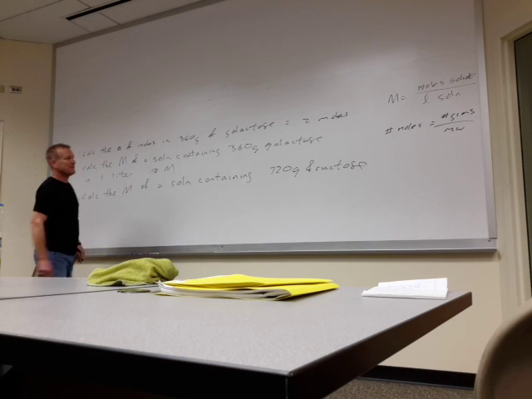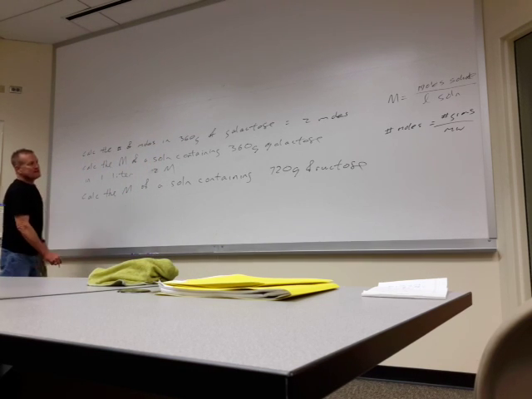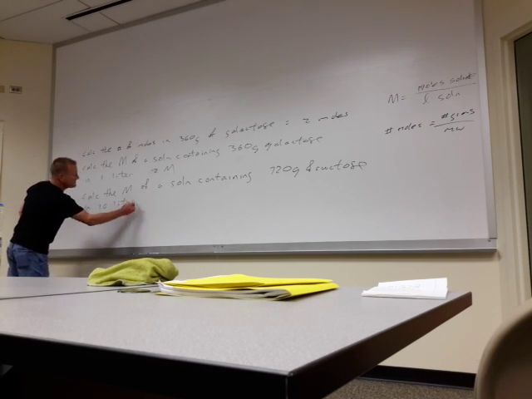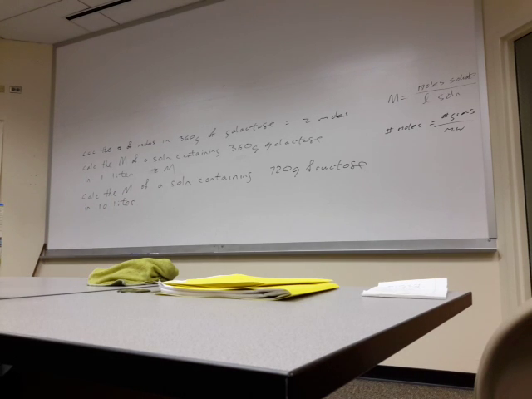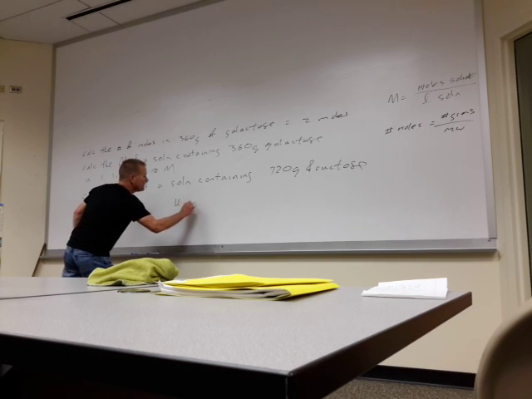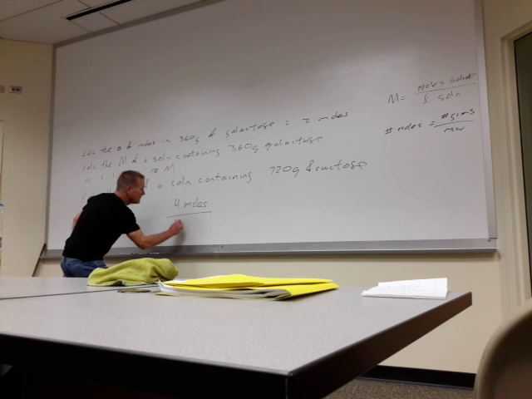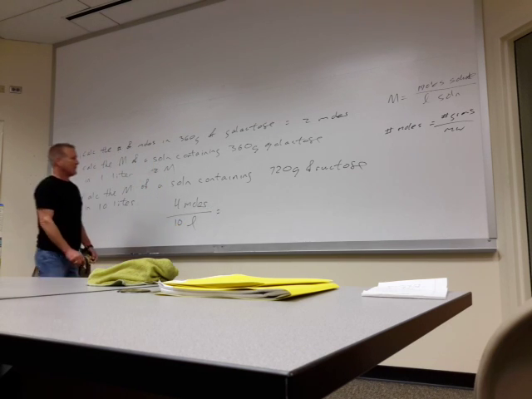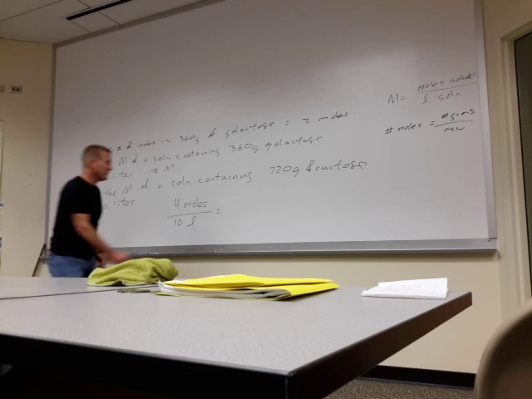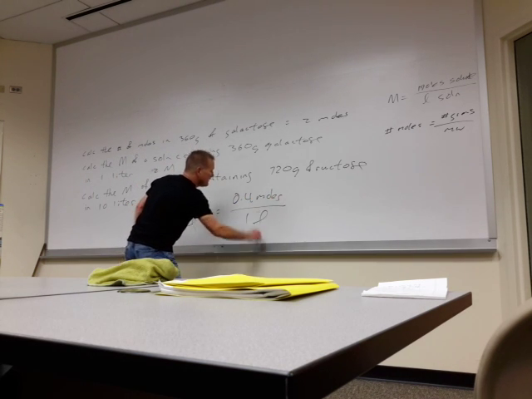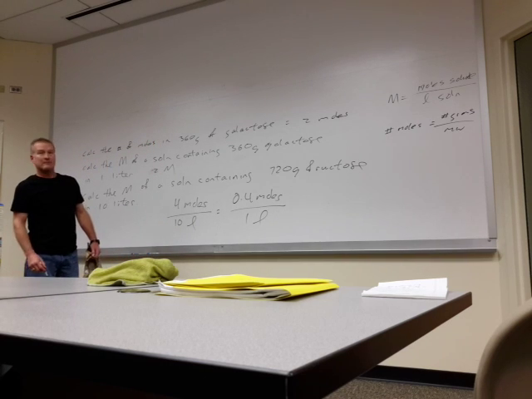Now that's cemented right there in the frontal lobe. 720 grams of fructose in 10 liters. So you've got how many moles? 4 moles. And how much? 10 liters. So how many moles do you have in 1 liter? 0.4. So what's the molarity? 0.4.